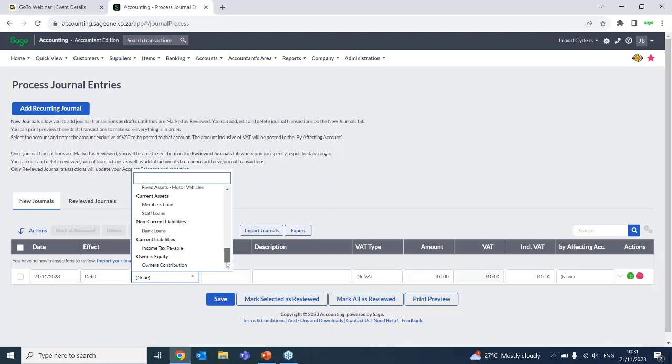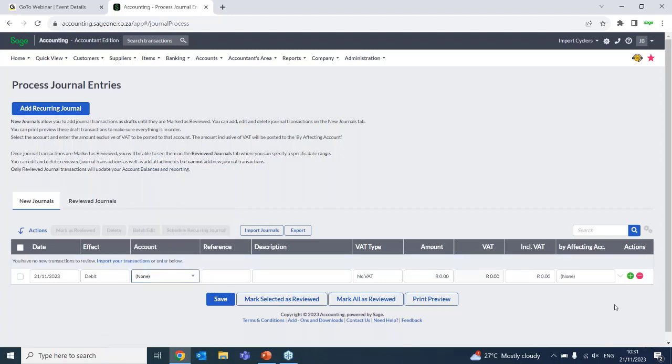Wherever that is, you should not be doing that. So you should not be processing directly to your bank account from here, either by affecting or to that account. That will also cause a problem because it's seen as processing directly into it, and that then does not show up on your Bank Recon at all.